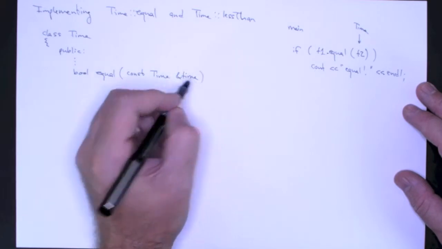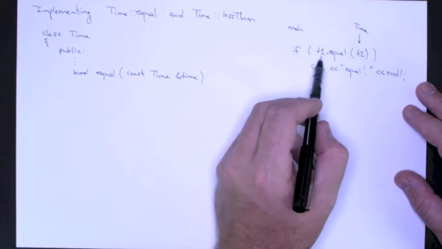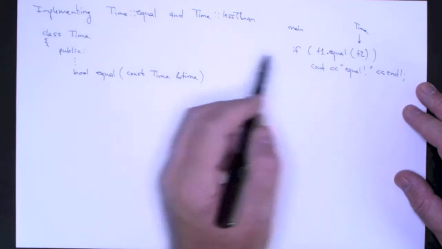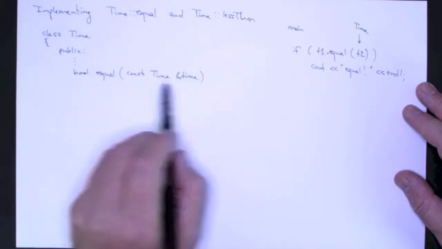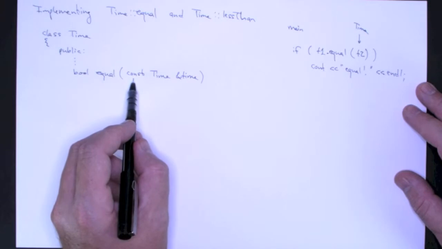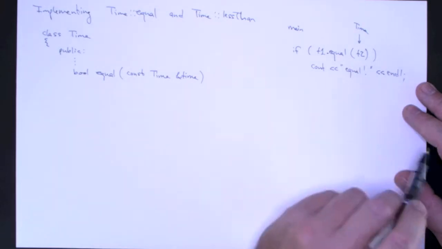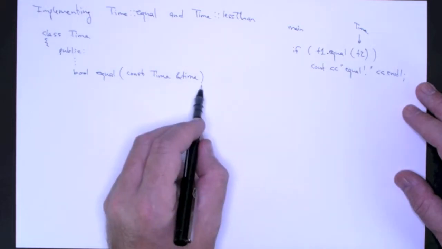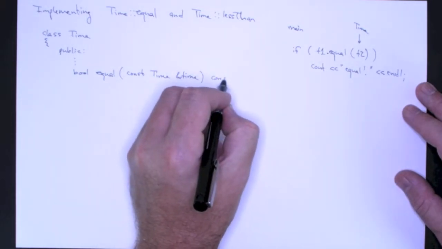And finally, the fact that I'm passing in T2 as a constant means that T2 won't change. But since equal will not change T1, I want to declare this as a constant method.